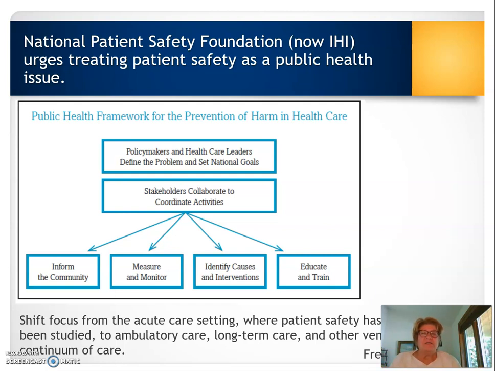Then things die down and it kind of goes back to low level until there's a flare up of measles or something like that. But it's our duty to make sure that these important issues are in front of our policymakers, our government officials, so we can move the agenda forward. So I hope this is useful information to you as you think about how to frame improvement in your practice areas.